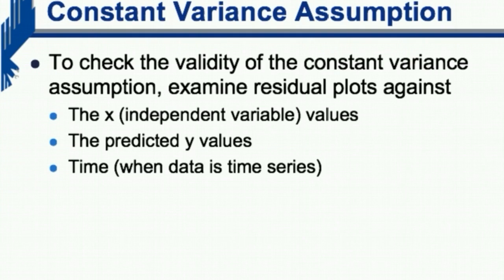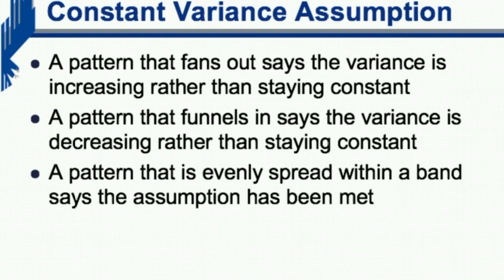So you have the independent variable on the x-axis and the residuals on the y-axis. We can also look at the residual plot against the predicted y value. So on the x-axis, you have the predicted values for y, and on the y-axis, you have the residuals. And if your data is time series data, the time can also be placed on the x-axis, and on the y-axis, you will have the residuals.